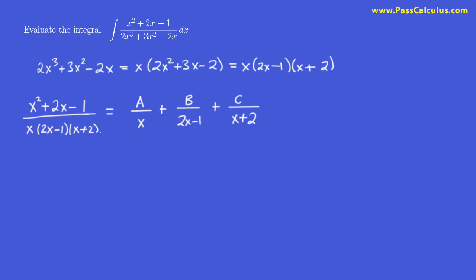To make progress on this, let's multiply both sides by this denominator here, okay? When I multiply this side by the denominator, they just cancel off, and I'm left with x squared plus 2x minus 1. When I multiply this by this denominator here, the x's cancel off, and I'm left with my A as well as these other two factors.